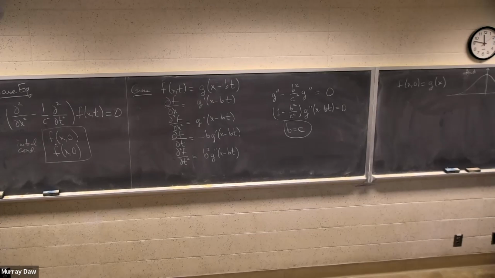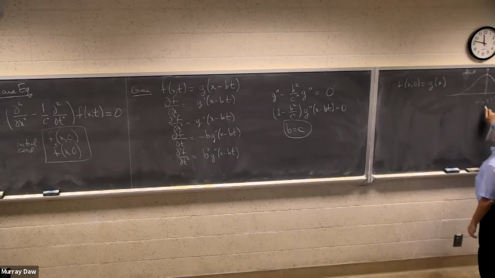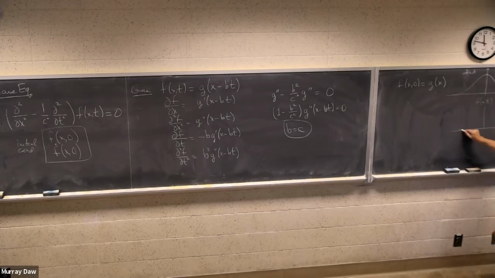Yeah, that's true. Where's the maximum going to go? The maximum won't decrease. The value at this point will decrease, but the maximum won't. It's just a slide to the right. So at some later time, the maximum is going to be over here at a position dt.